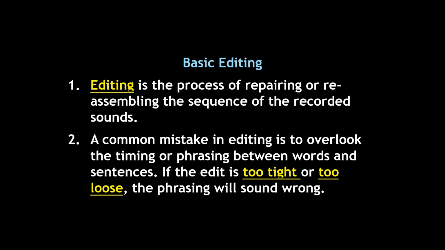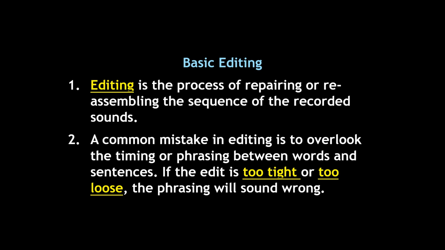Basic editing. Editing is the process of repairing or reassembling the sequence of the recorded sounds. Now, a common mistake in editing is to overlook the timing or phrasing between words and sentences. If the edit is too tight or too loose, the phrasing will sound wrong. It's very easy to forget that in speech we have a normal cadence to the way that we talk.